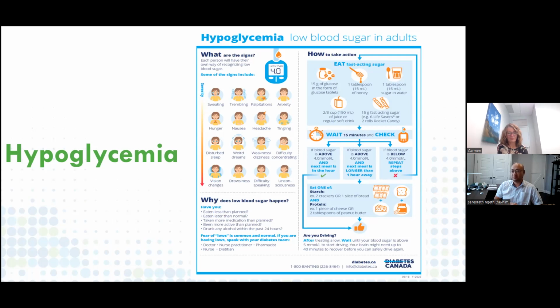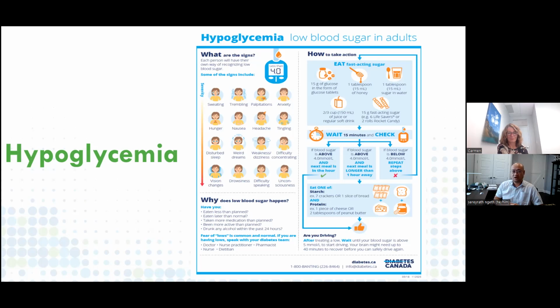So why does this happen? Why are the blood sugars so low? It could happen if patients have eaten less than they planned, or eaten later than normal, or if they've taken more medications than planned. Insulin is a big culprit. So if you accidentally give yourself too much insulin, that's going to cause your blood sugars to drop way too much.